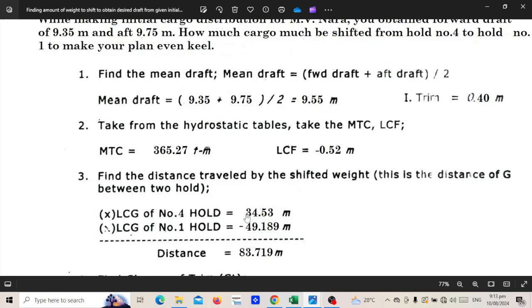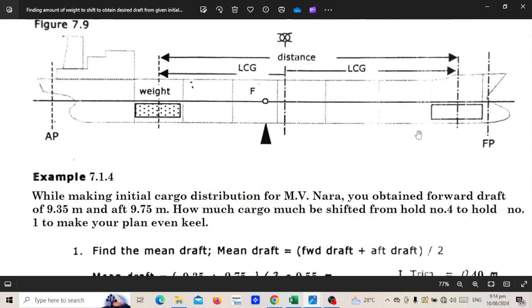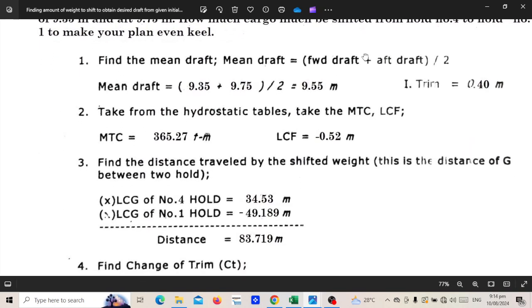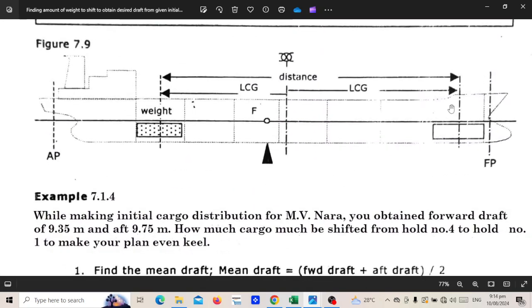Then in hold number 1, the LCG is 49.189, negative. So from midship going to hold number 1, that will be negative 49.189, because you are on the forward part of the vessel.